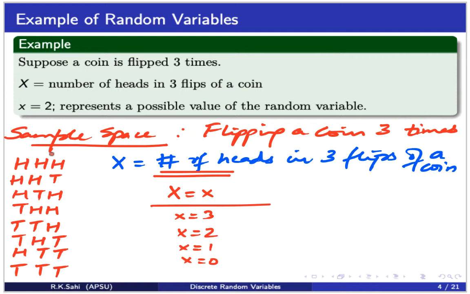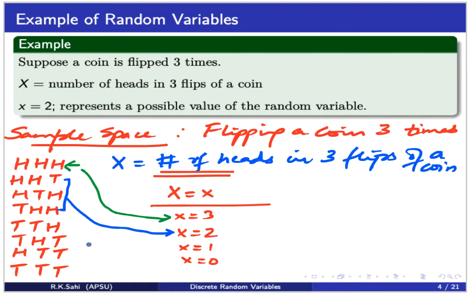When you look at the sample space where we literally wrote it down, I'm going to use a green pen here. This triple H represents this value of the random variable. On the other hand, when I say the head appears 2 times in 3 flips, there are 3 possible scenarios. The blue pen color here represents x equals 2.